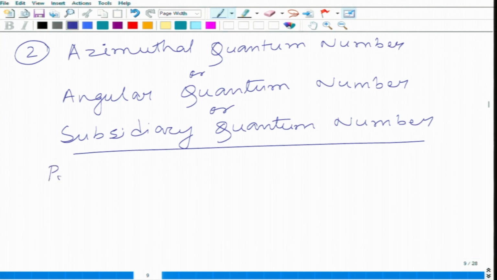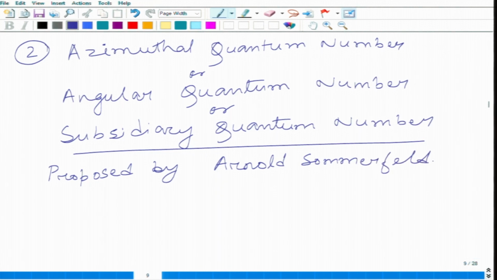This was proposed by Arnold Sommerfeld. Okay, and this is denoted by L.